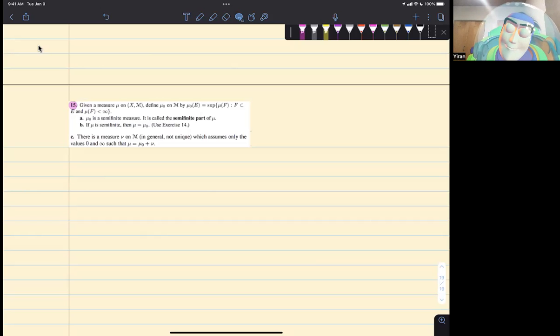And now notice that it starts with 1. So the sum from j is equal to 1 to infinity of 1 over 2 to the power of j is, if I expand it, 1 over 2 to the 1 plus 1 over 2 to the 2 plus 1 over 2 to the 3 plus 1 over 2 to the 4 plus dot dot dot, right?